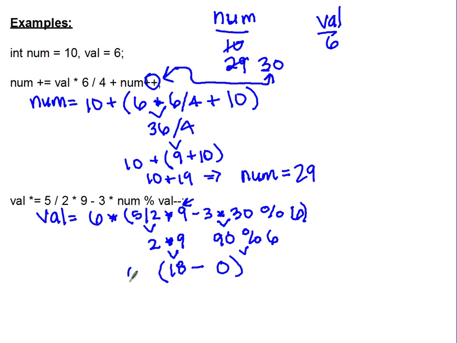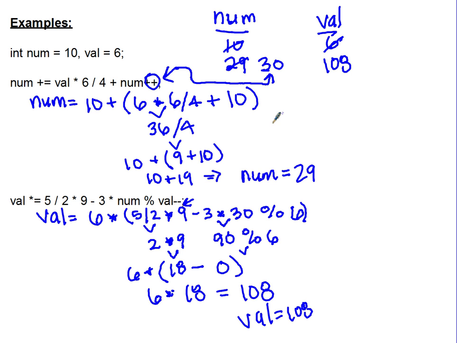That makes that easy. 6 times 18, that's going to give me 108. So val equals 108. And then don't forget this minus minus that happens after I'm done. Val results in a final value of 107.